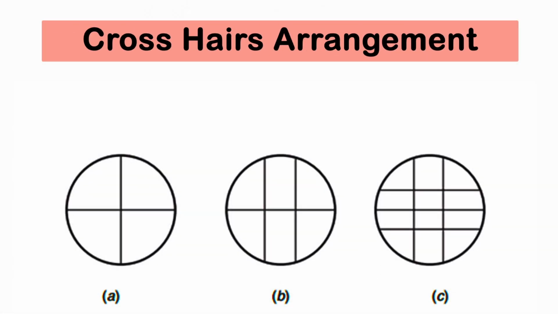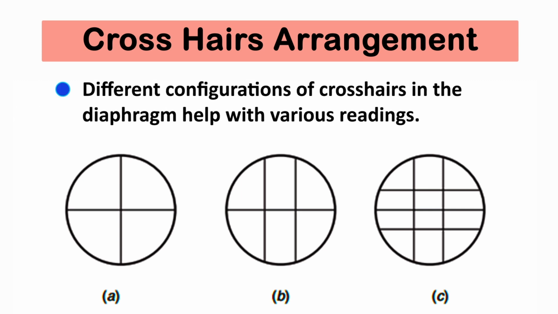There are a few crosshair arrangements which we will be discussing. Actually, different configurations of crosshairs in the diaphragm help with various readings. For instance, a basic setup allows for a single reading per staff position, while more advanced arrangements can provide multiple readings which can be averaged for accuracy.